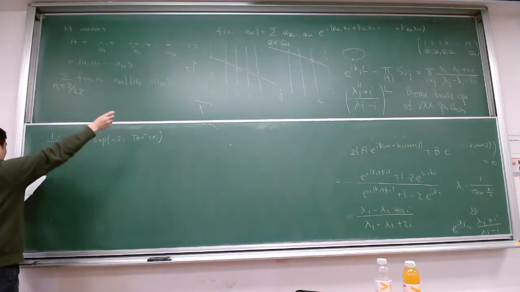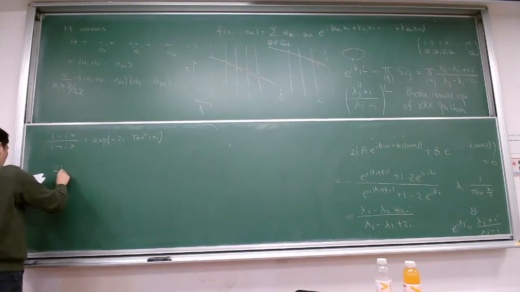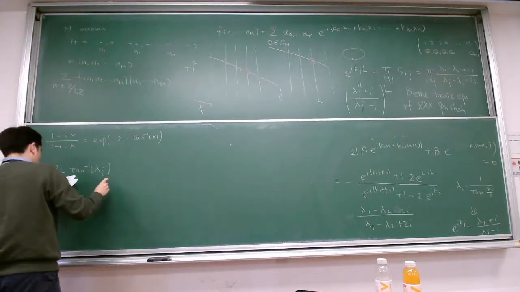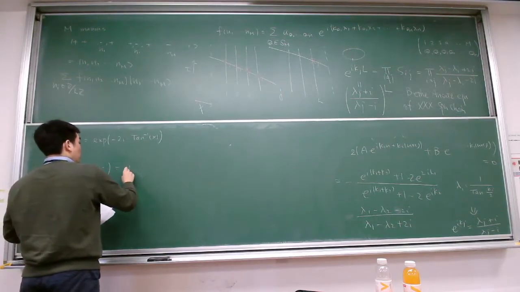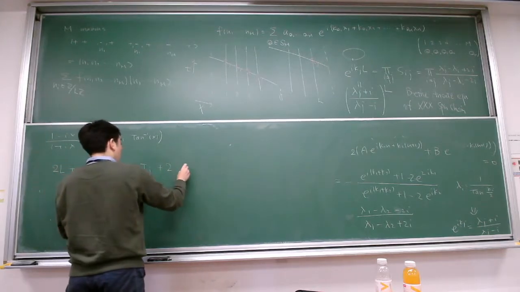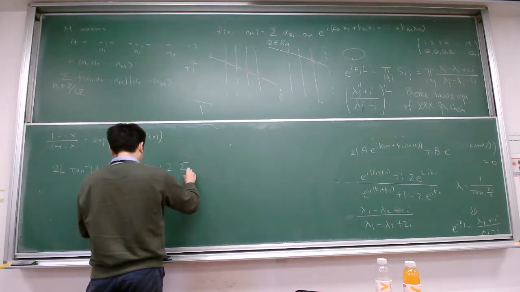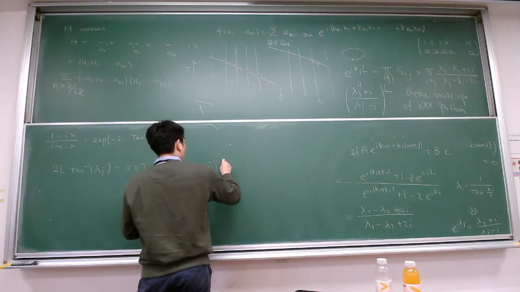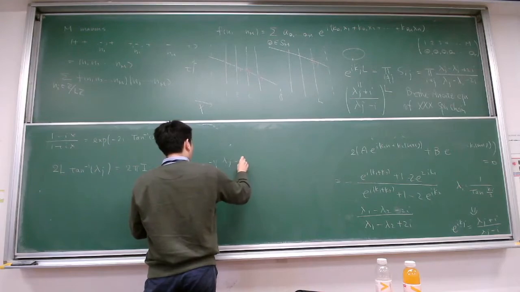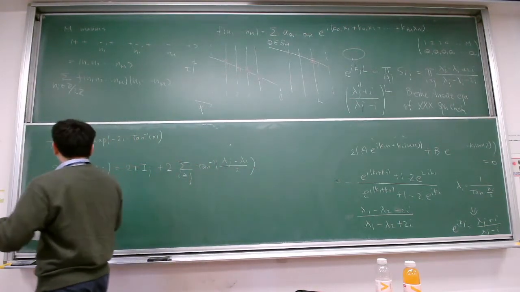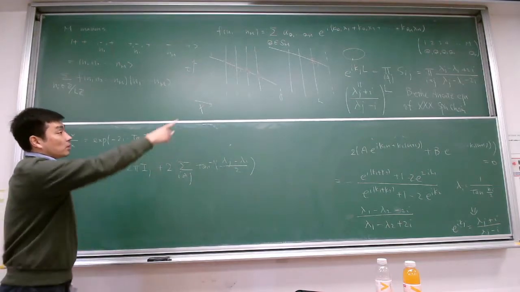If you take a log on both sides, you get 2L arctan of lambda_j equal to 2 pi I_j plus 2 times the sum over i not equal to j of arctan of (lambda_j minus lambda_i) divided by 2. That's what you get by taking the log of the above equation.